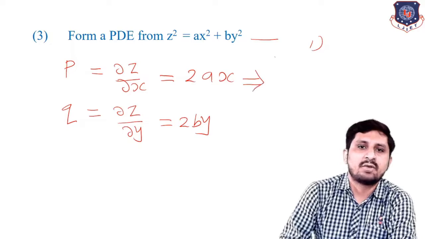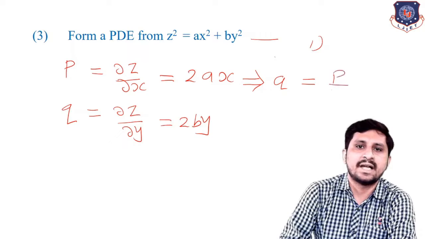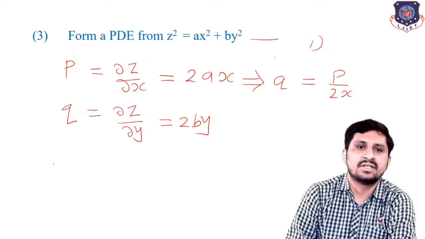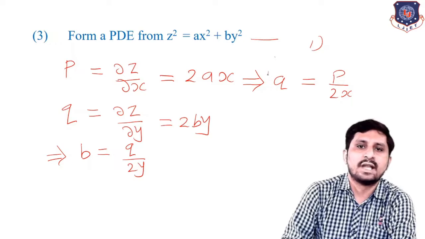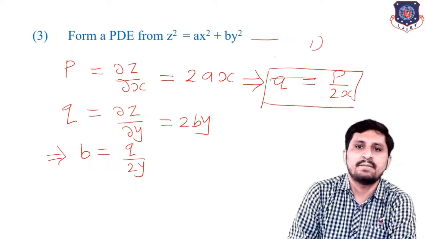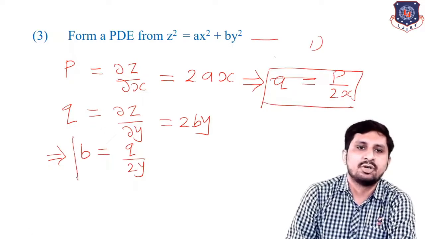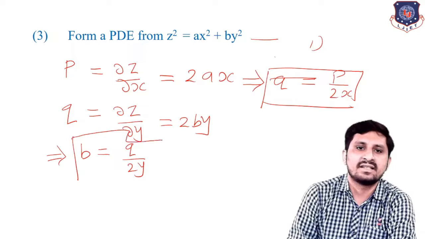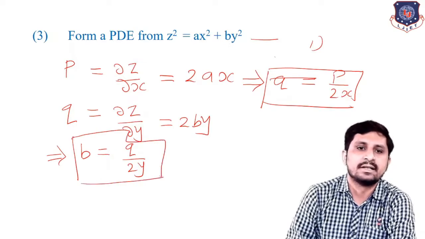Now from this equation, what is the value of A? Value of A is equal to P by 2x, and from this equation, value of B is equal to Q by 2y. So the value of A is nothing but P by 2x, and the value of B is equal to Q by 2y. Now put these two values in equation 1.